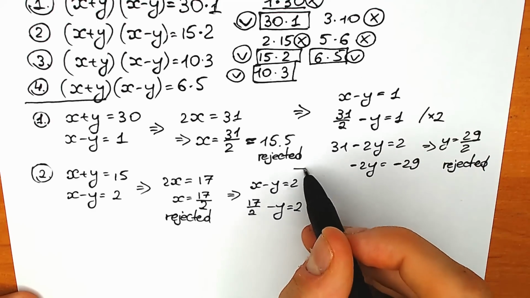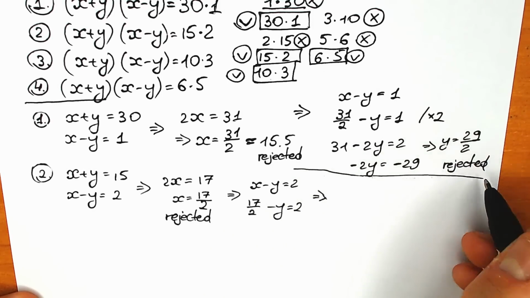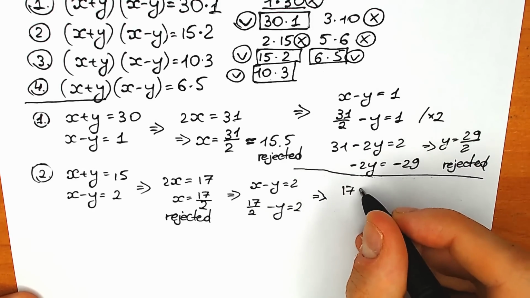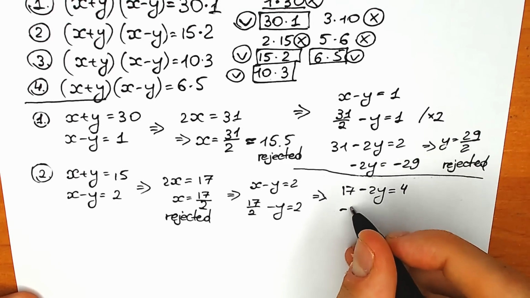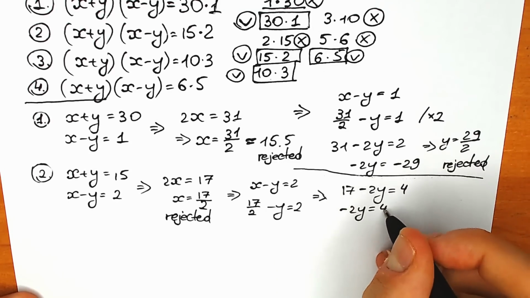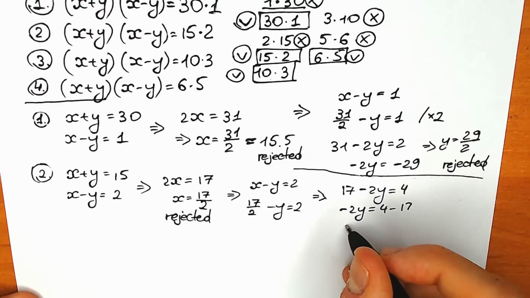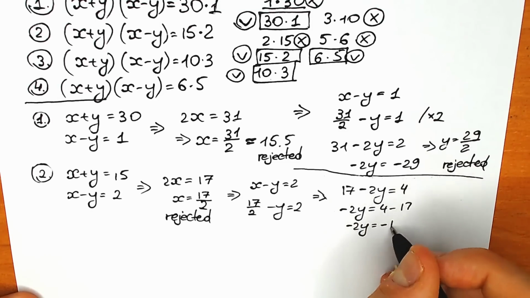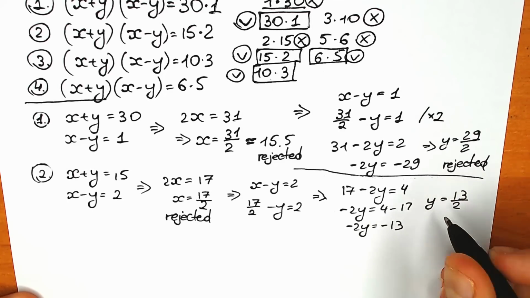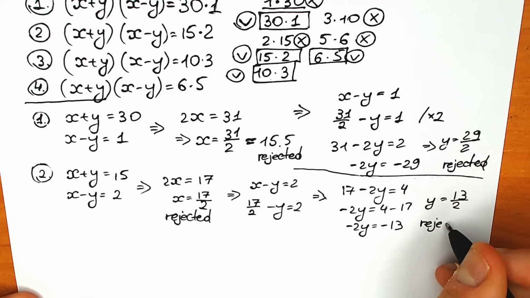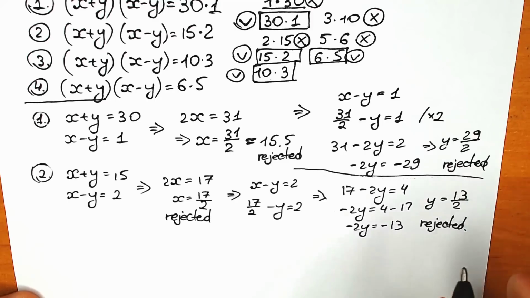So we have minus 2y equal to 4 minus 17, or minus 2y equal to minus 13. From here, our y equal to 13 over 2, which is also rejected because this is a non-natural value.